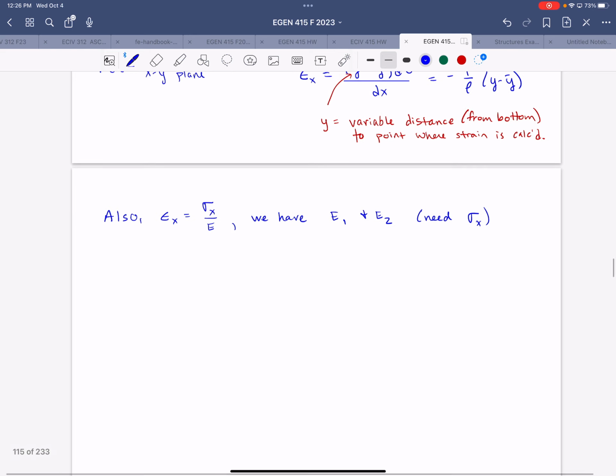So we're going to use that to complete our derivation of locating the neutral axis.